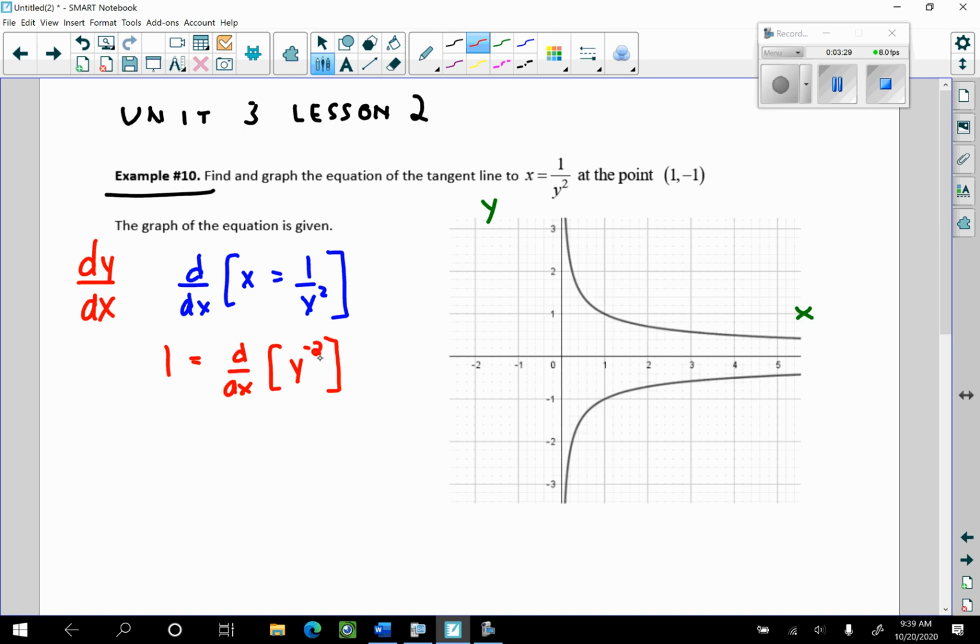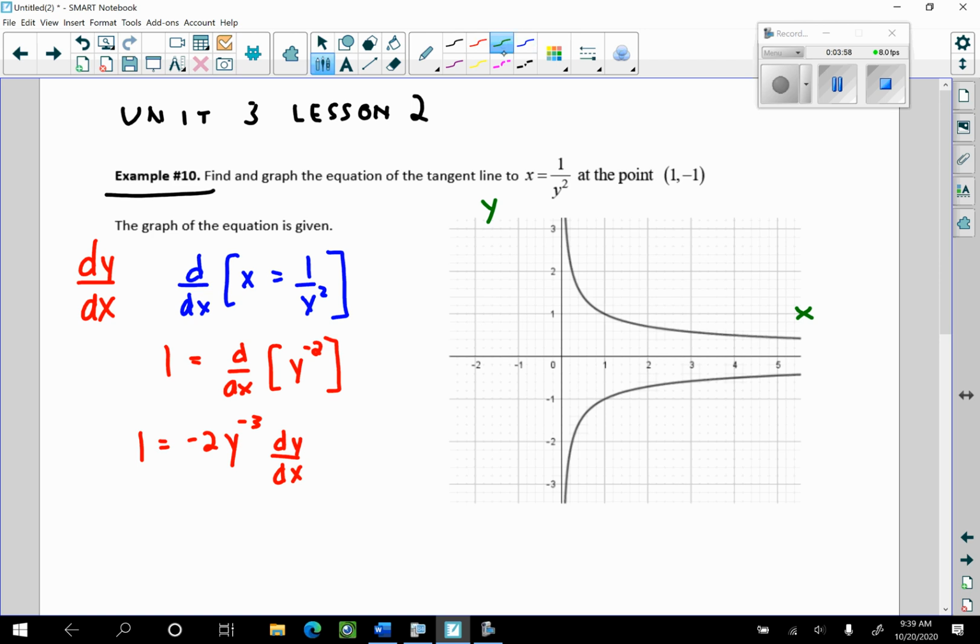What is the derivative of y to the negative 2? This is going to be negative 2y to the negative 3. But I have to do what? What's the inside of that? y. What's the derivative of the inside? dy/dx. So, derivative of the outside times the derivative of the inside.